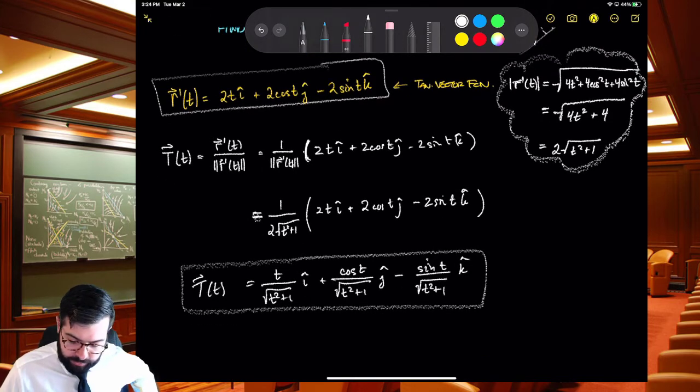So we had our tangent vector, and this is our unit tangent vector.